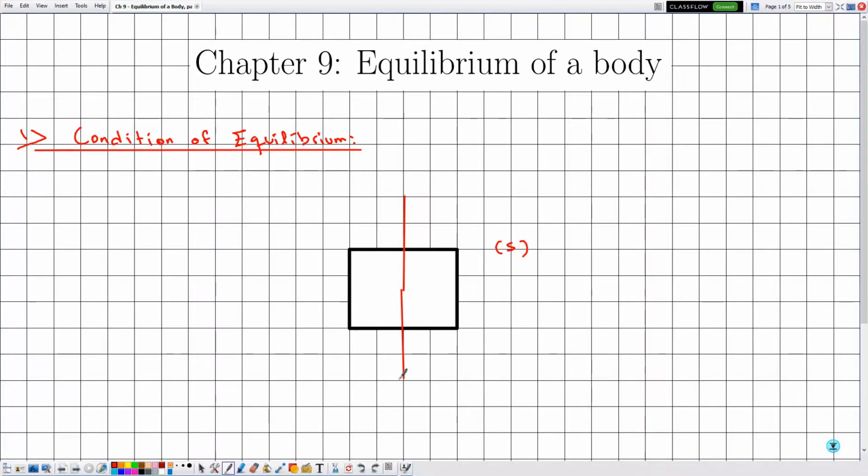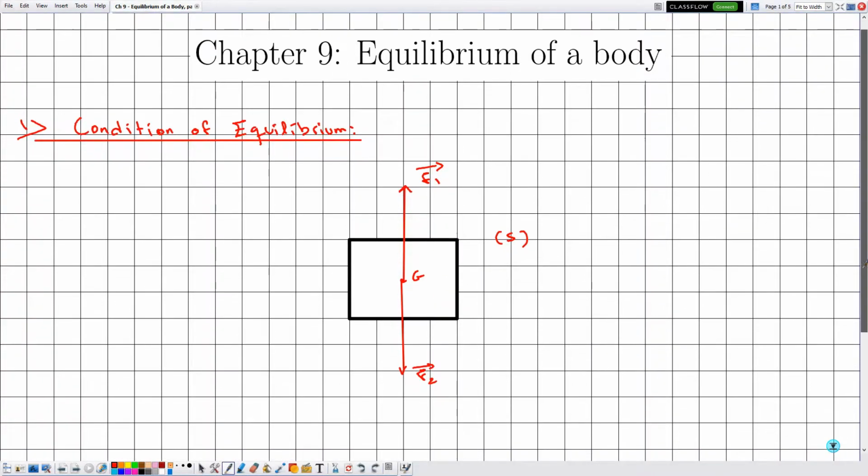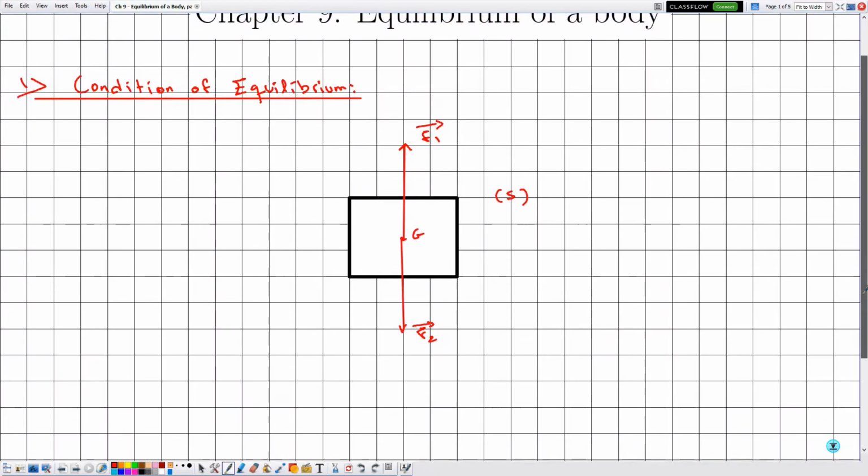So let me say that this is the force F1 and this is the force F2, both of them acting at the point G. Here I didn't mention, or we can suppose, that G is the center of gravity, but I'm not putting this as a condition.